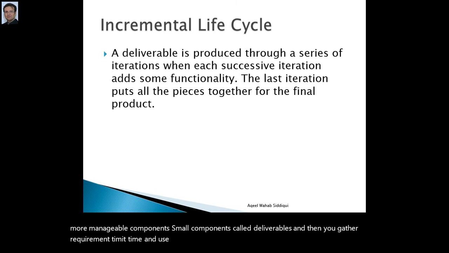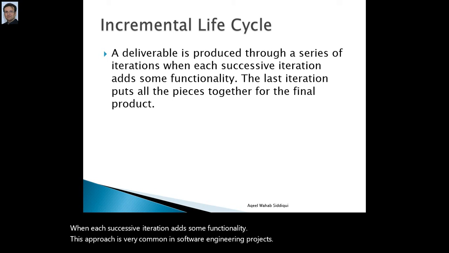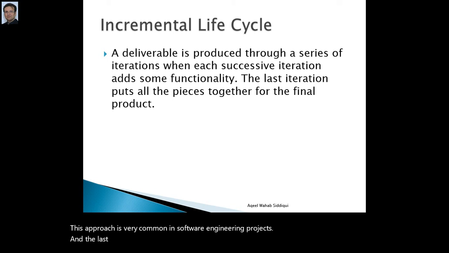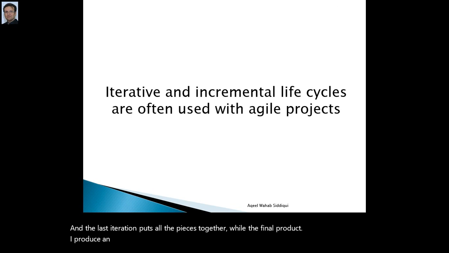This approach is very common in software engineering projects. And the last iteration puts all the pieces together for the final product. Iterative and incremental life cycles are often used with agile projects.